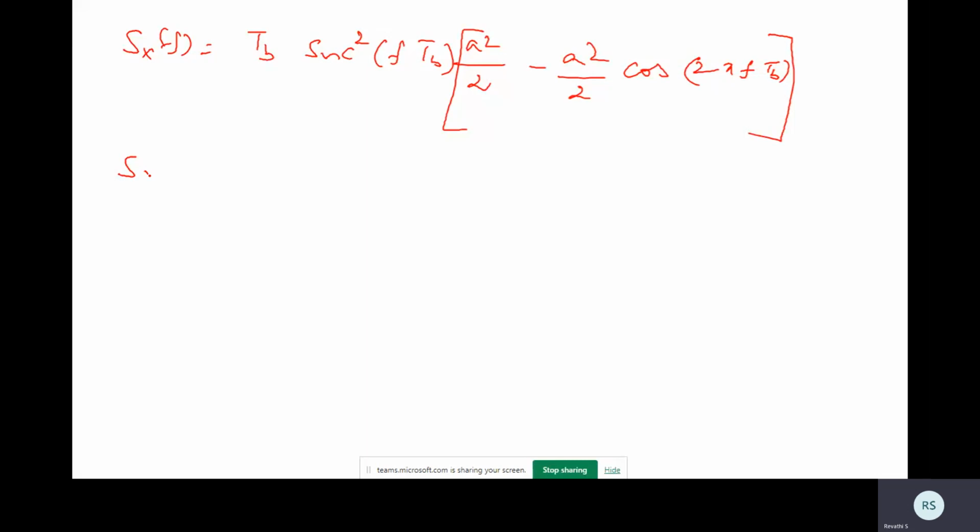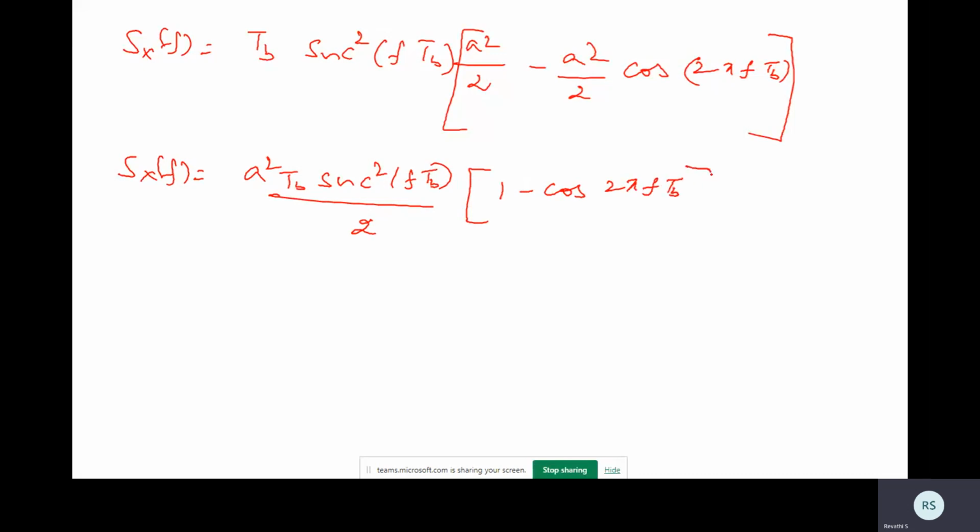So Sx of f is nothing but a square tb sinc square of ftb divided by 2 into 1 minus cos 2 pi ftb. You know 1 minus cos 2 theta can be written as 2 sine square theta.